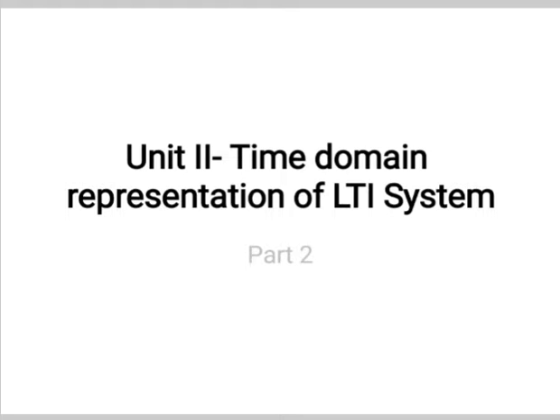Now, since the system is time invariant, if the input is delta[n+2], then the output is h[n+2]. If the input is delta[n-1], the output is h[n-1]. If the input is delta[n-2], the output is h[n-2]. If the input is delta[n-5], then the output is h[n-5].